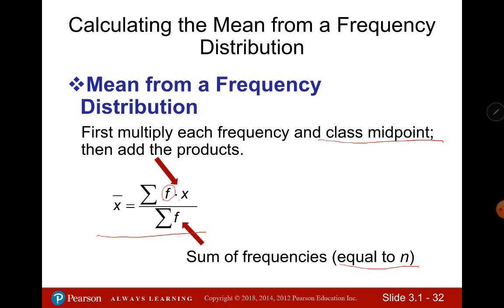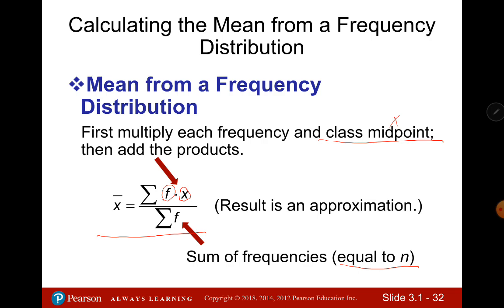But make sure you know that here, this x is not an individual x value. It's just the class midpoint. And the result is not the same as the accurate x bar, because we only have the frequency table.